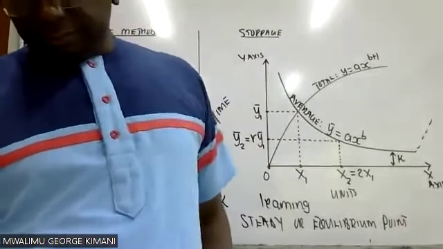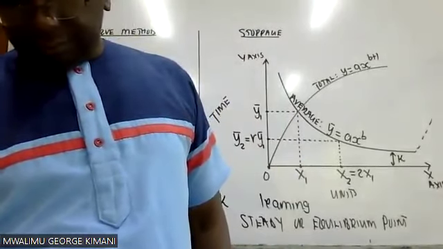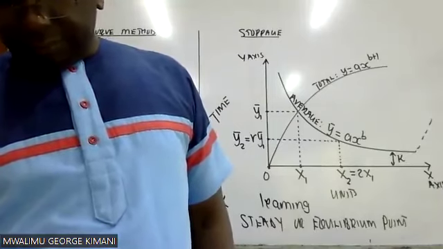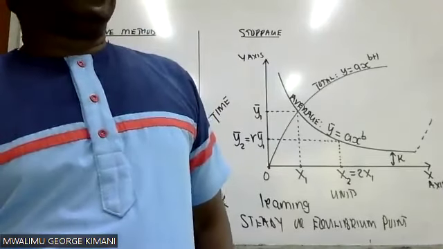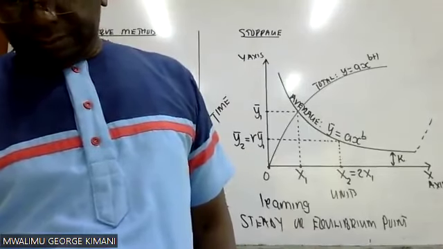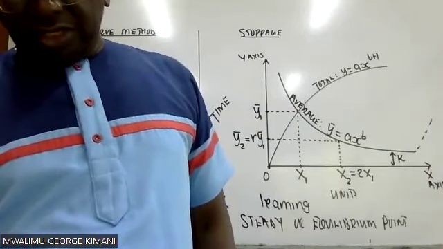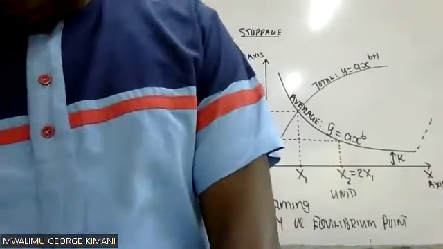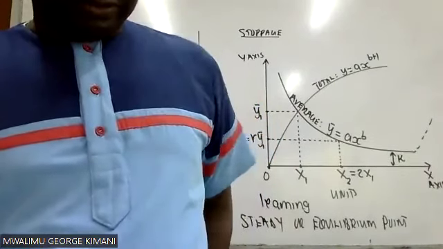Number three is presence of breaks. And number four is change in technology.